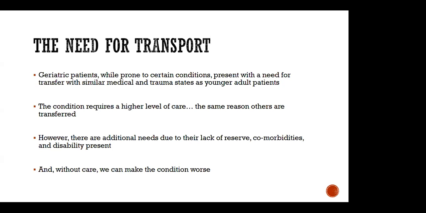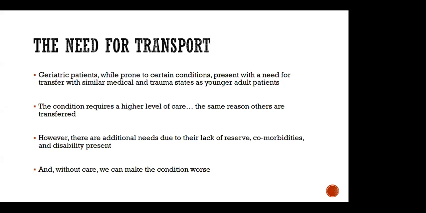It's the same management of medical conditions. You've just got to consider a little bit differently things that they may not be able to as easily manage as our adult or younger adult patients are able to do, such as comorbidities, a disability, lack of reserve.